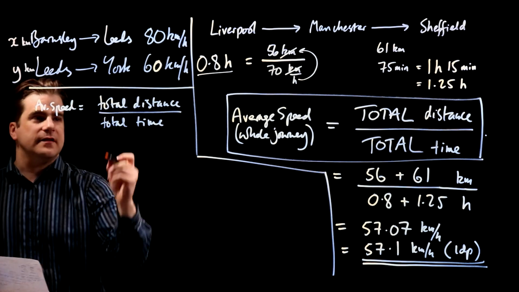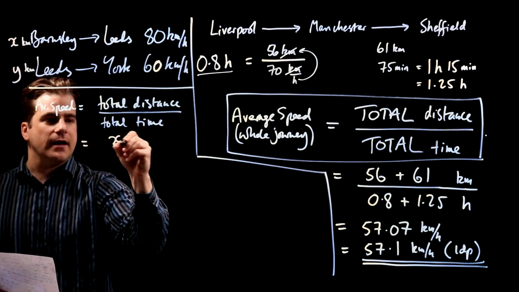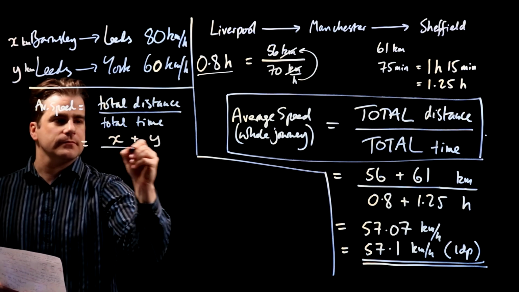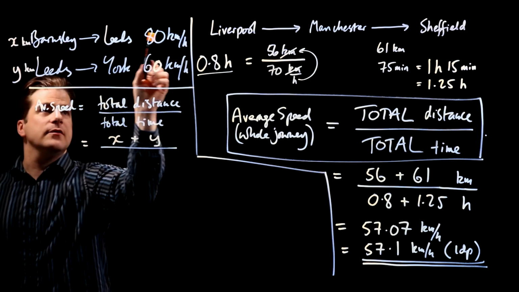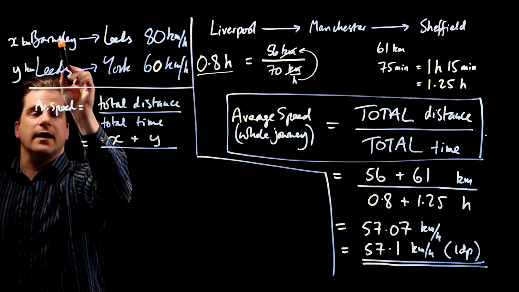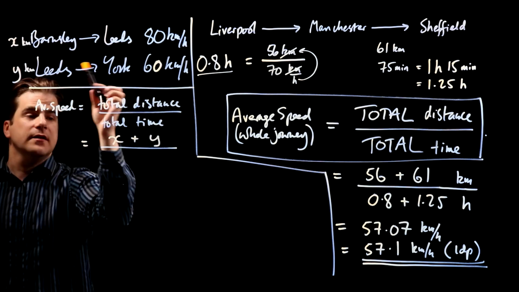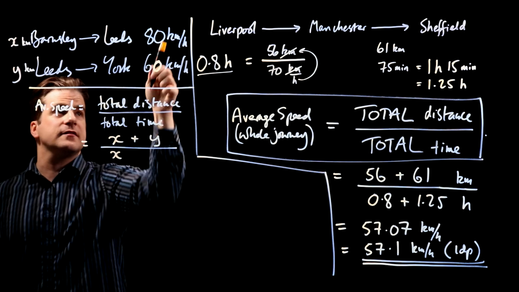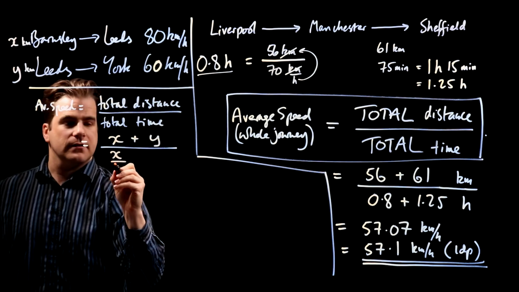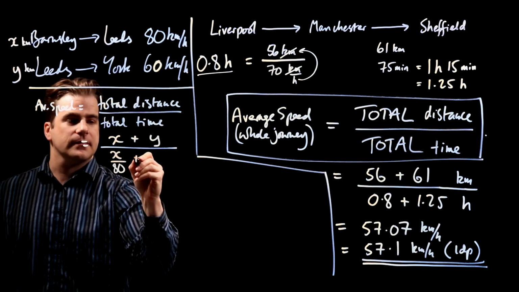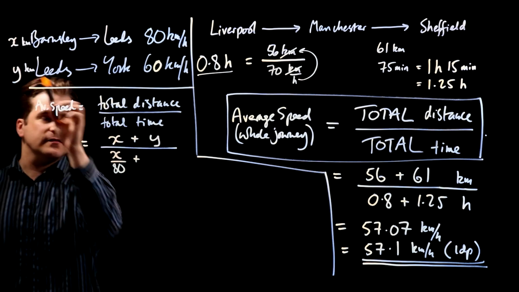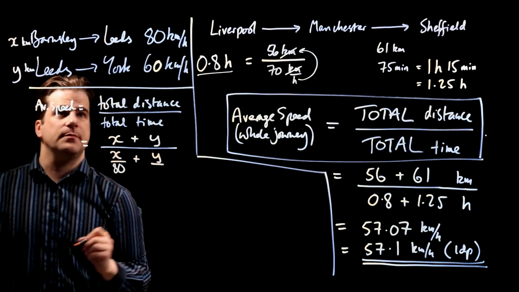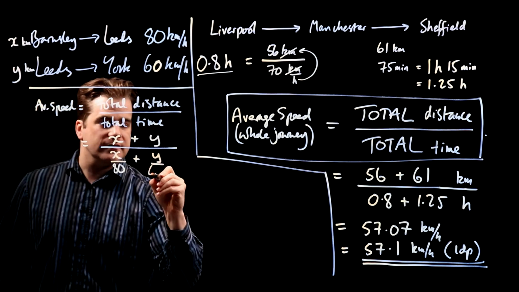So total distance is X plus Y. And total time: the time for this leg, time is distance over speed, so the distance is X and the speed is 80. The time for this leg, distance is Y, and the speed is 60.